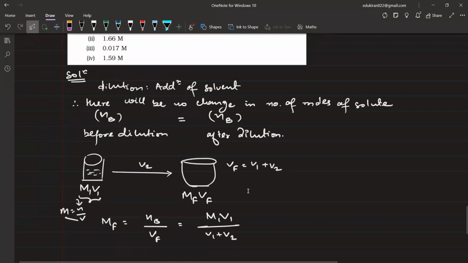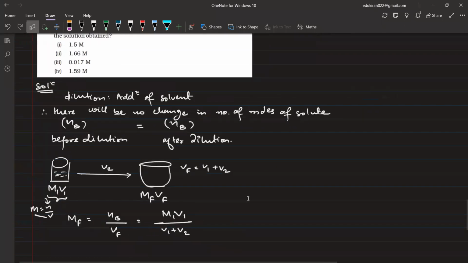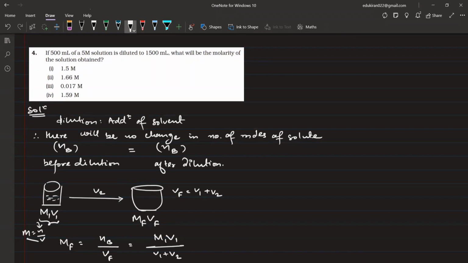Put this formula here and identify each and everything. This is V1, this is M1, and this is V final. Calculate the molarity.